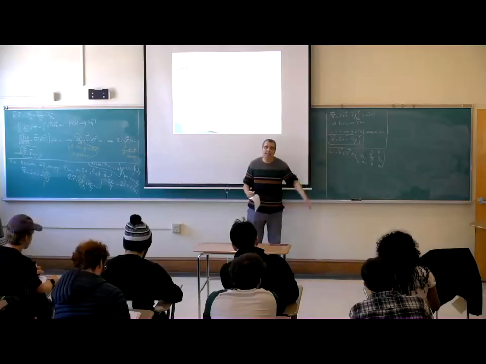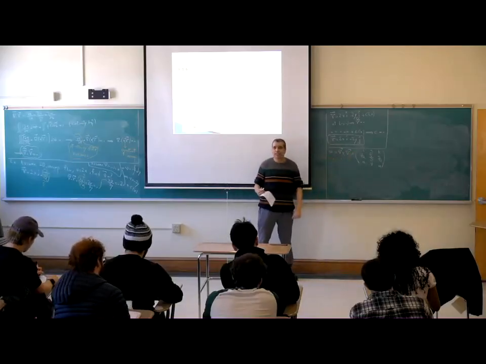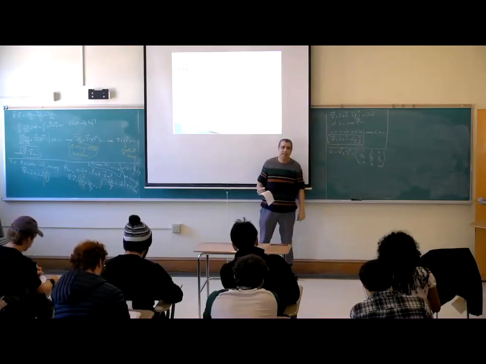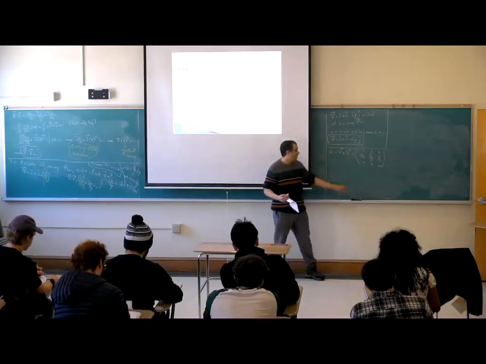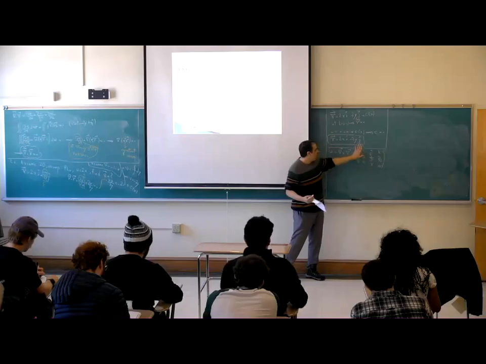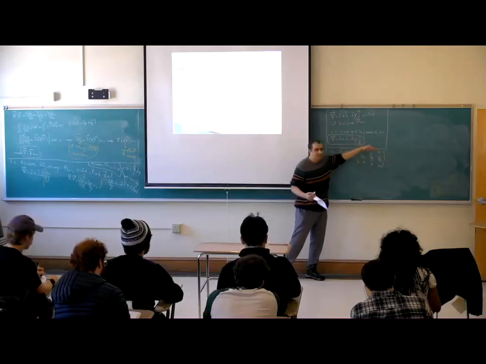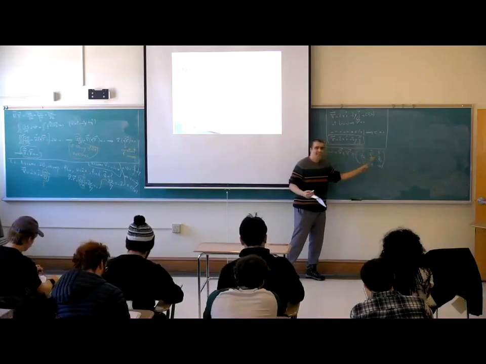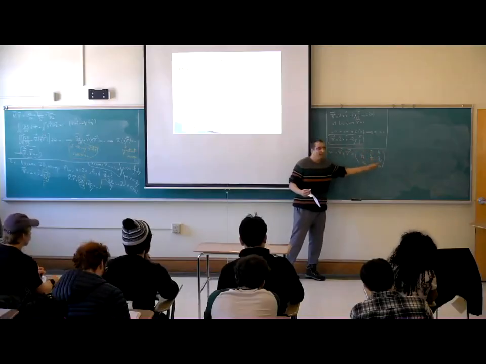How to compute the curl from this matrix? Do you remember from linear algebra? Exactly. First, omit the first column and the first row. Compute the determinant of the remaining.